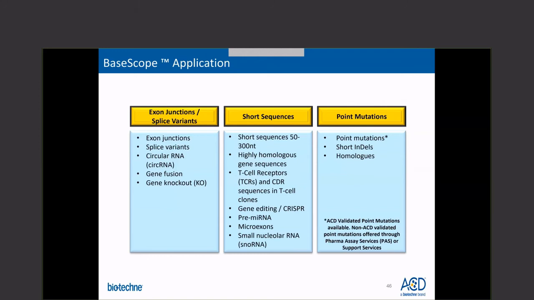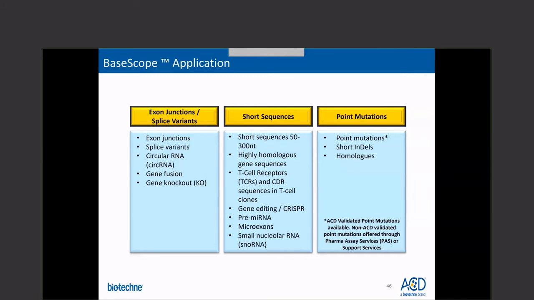Target-specific applications of BaseScope can be divided into three major areas. Exon junction probe design can be used for the detection of splice variants, isoforms, circular RNA, gene fusions, and confirmation of gene knockouts. These probes are all 1 ZZ in length.